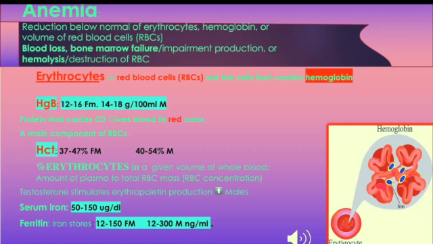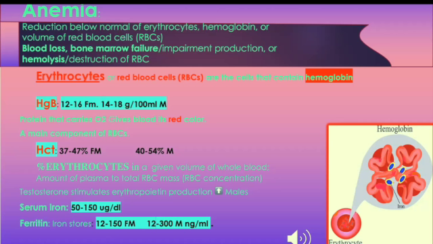So erythrocytes, which are the same thing as red blood cells, are the cells that contain hemoglobin. And hemoglobin is normal at levels 12 to 16 for females and 14 to 18 for males.